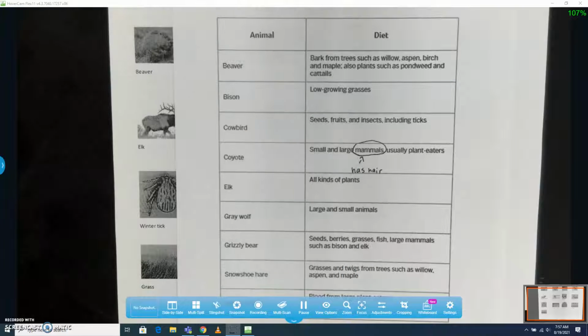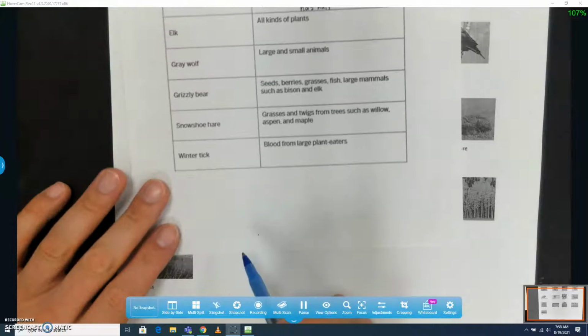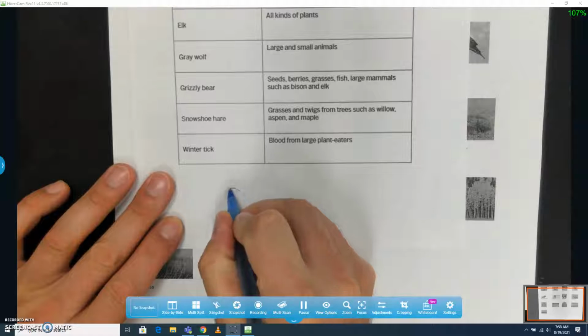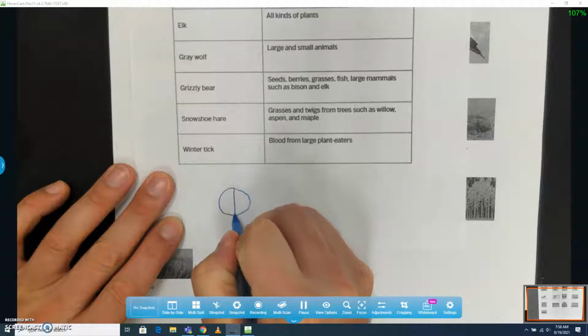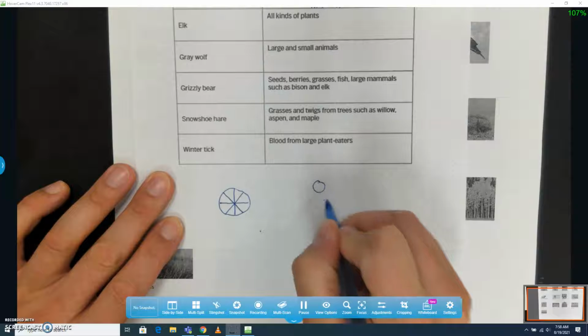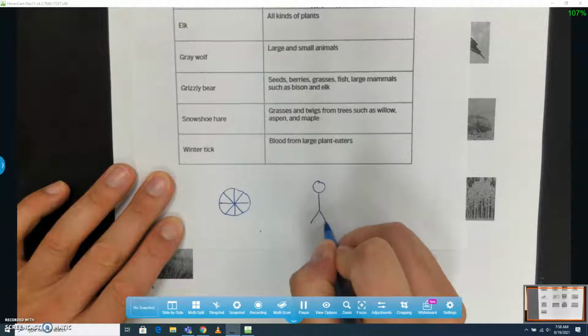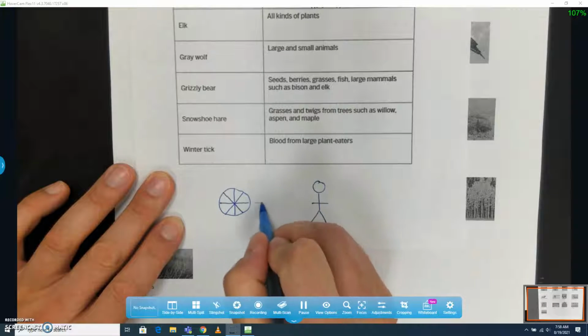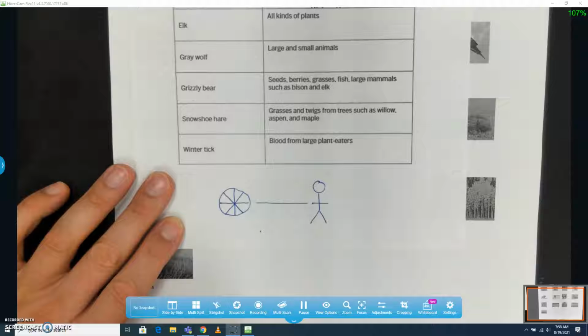We're going to practice putting in a few of these lines and arrows so that this makes a little bit more sense to you. To start with, we know that anytime there is a feeding relationship, it has to occur between at least two things. And we show that feeding relationship by putting a line between the two.